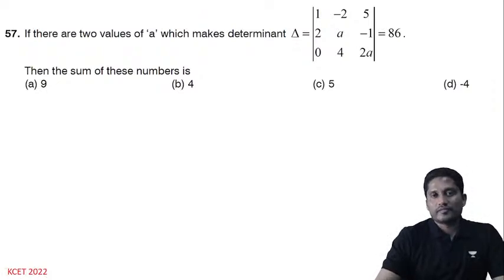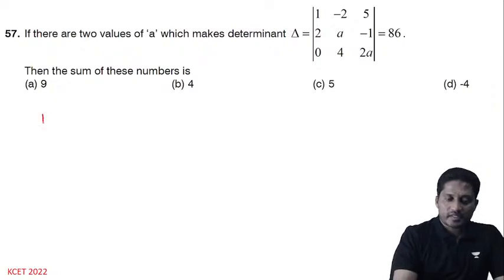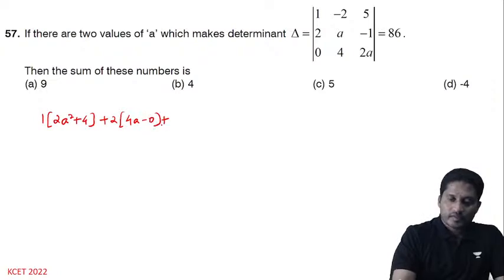Okay, question number 57. If there are two values of A which makes the determinant 86, what is the sum of those numbers? If I expand this determinant, this is 2A square plus 4 plus 2 into delete first row second column, this is 4A minus 0. Delete first row last column, this is 8, is equal to 86.